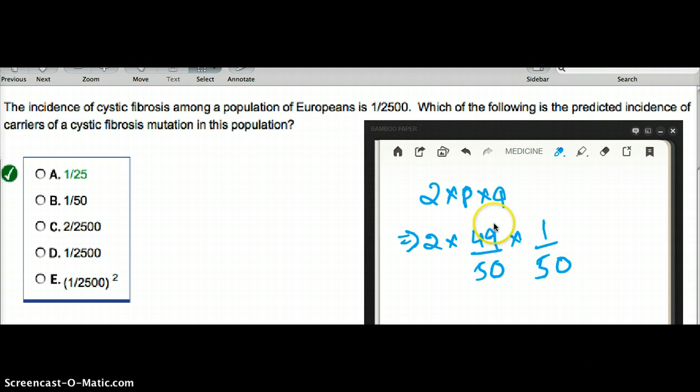Now 49 over 50 is approximately 1, so we're just going to put it as 1 for the sake of simplicity, because they are trying to make it simple. So 2 times 1 over 50 is equal to 1 over 25. And that is the predicted incidence of carriers of the cystic fibrosis mutation in this population, answer A.